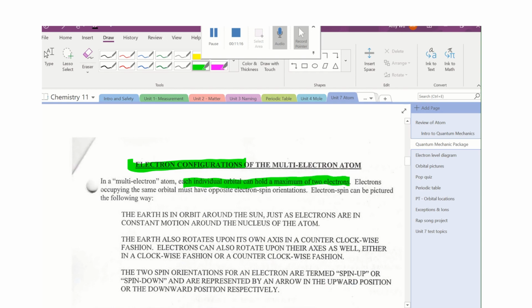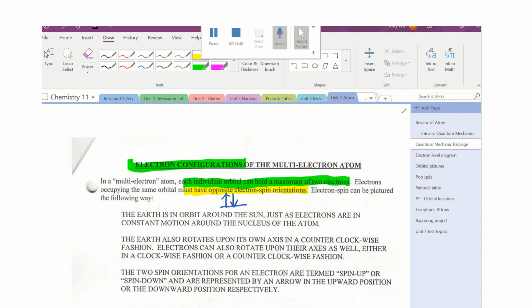And for the electrons, in order for them to fit together nicely, they need to have opposite electron spin orientation. So here I use 2 arrows, one up, one down. That's how we represent electron spins. So they have to be opposite to each other.